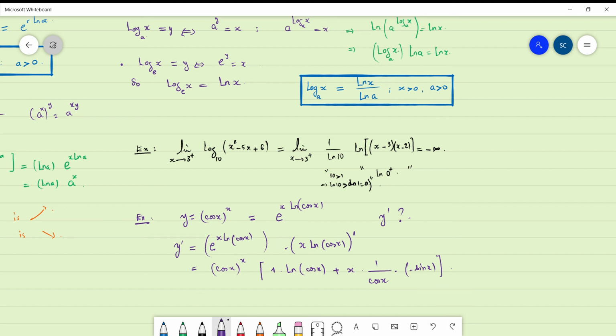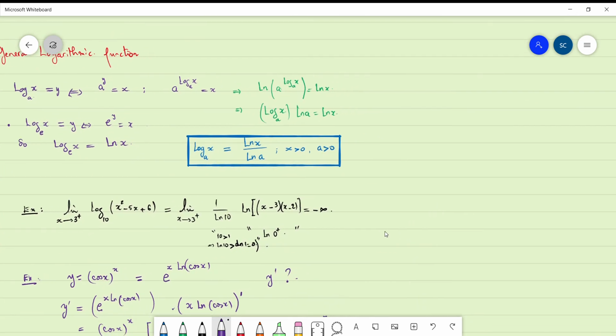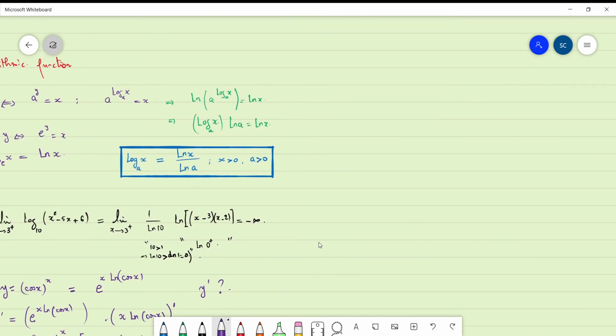What about integrating? Again, we don't have to memorize particular new integral functions. So let's do just another example here. What about this example?